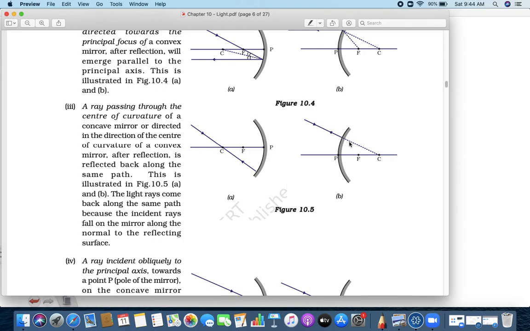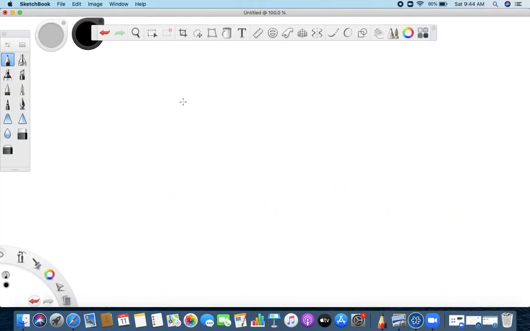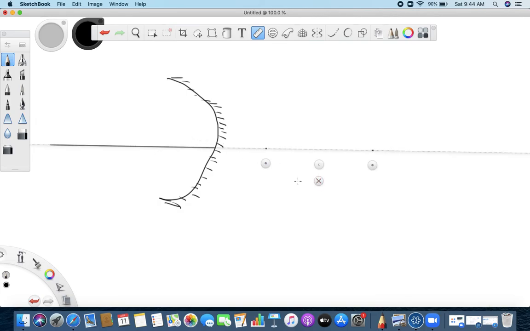And this is the last case. If an incident ray is incident at the pole, so this is your mirror, and let's say this is your principal axis.